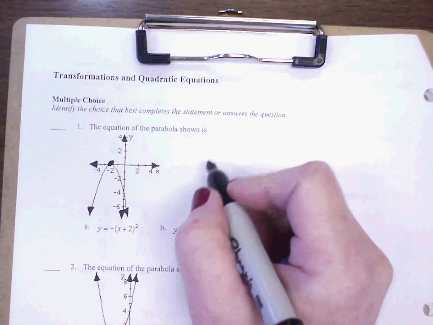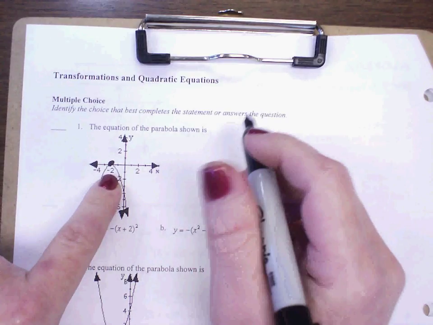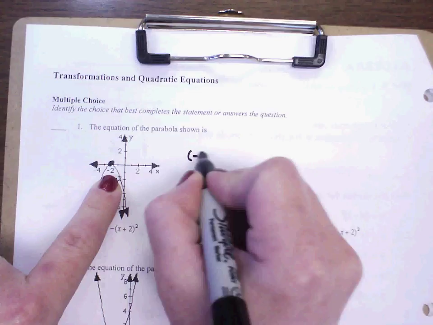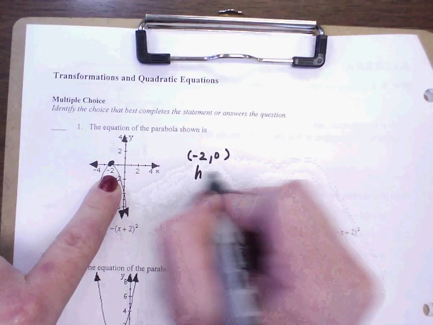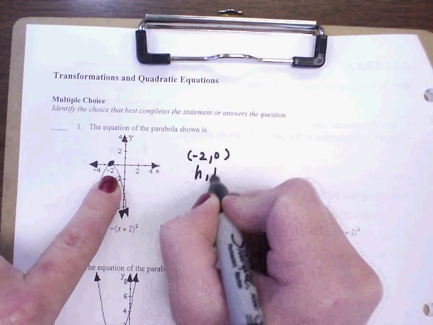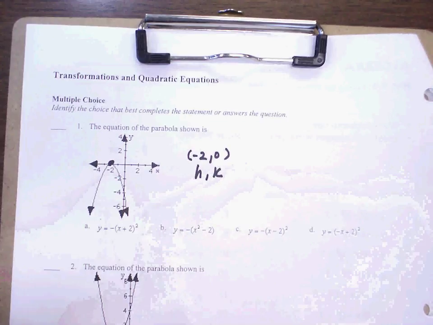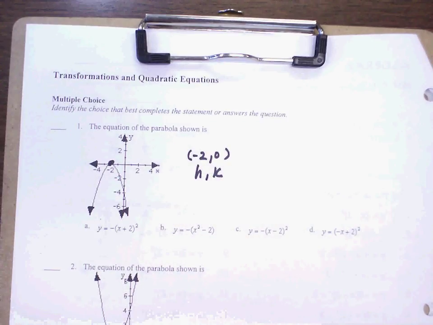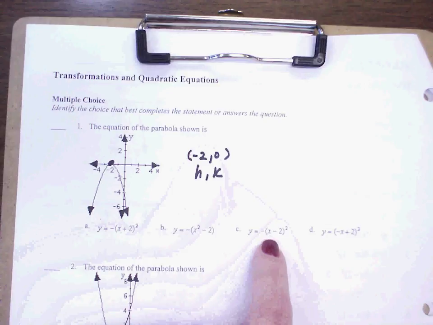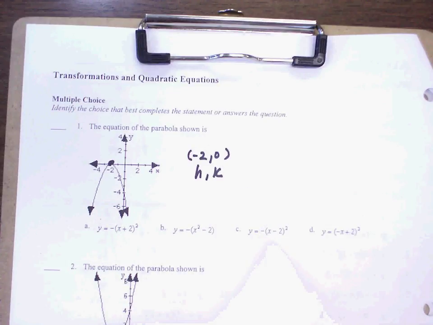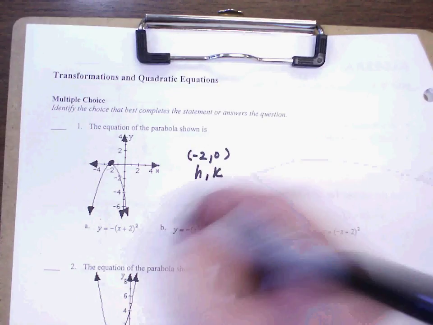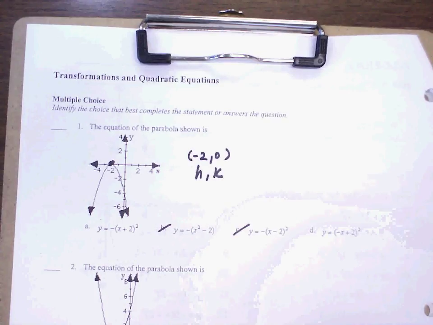Negative 2 and 0, which means your h is negative 2 and your k is 0. So we should not have anything added or subtracted to this. That h, when it comes over here, it's plus 2. So I can eliminate b and c. And it definitely opens down, so it's a negative. So is it A or is it D? It's A. Most definitely A.